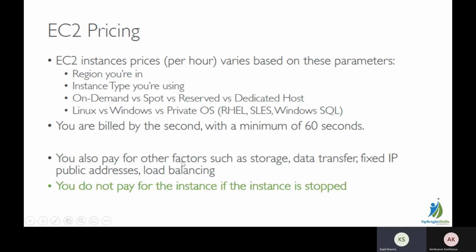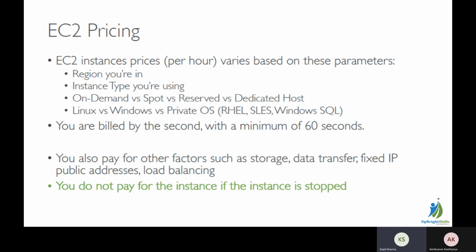You also pay for other factors such as storage, data transfer, fixed IP, public address, and load balancing. When you create an EC2 instance, you might be storing your data in the hard drive. Your hard drive is an EBS volume, that is Elastic Block Storage, and whatever data you store in that will be charged.